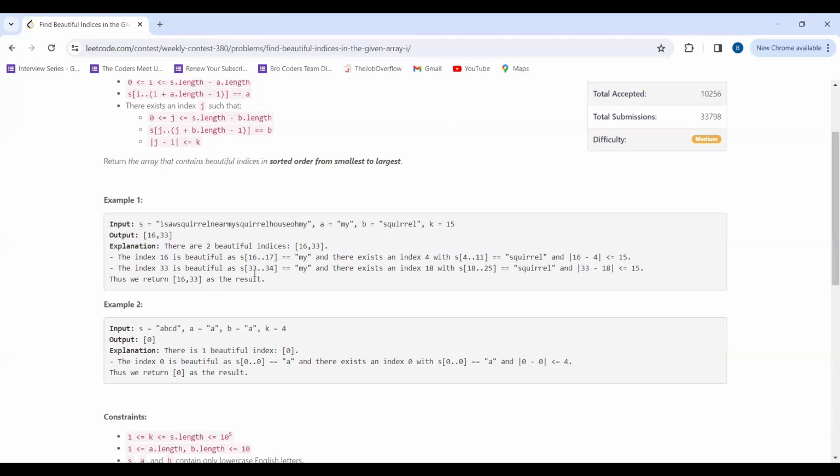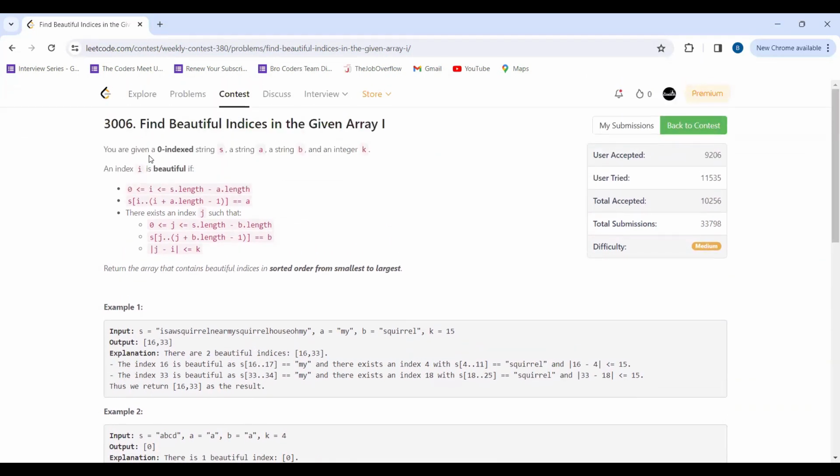So here what the question says: you are given a zero-indexed string s, a string A, a string B, and an integer K. Okay. An index i is beautiful if 0 is less than or equal to i and i is less than or equal to s.length minus a.length.